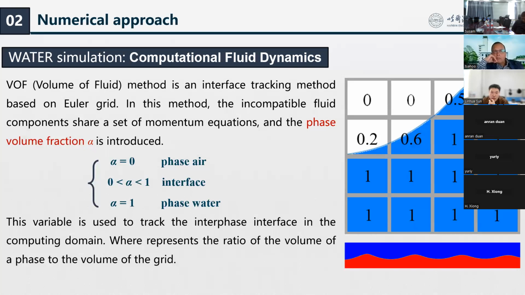At the interface, alpha is between 0 and 1. This variable is used to track the interface in the computational domain. It means we can use this alpha to change the pressure gradient of different phases at the interface, and then update the wave surface at each time step in the Navier-Stokes equation.